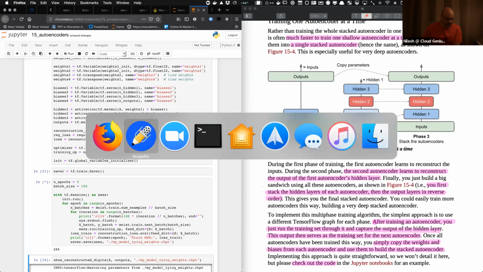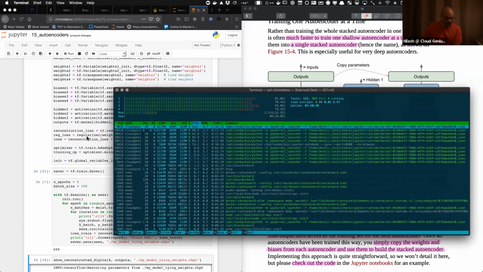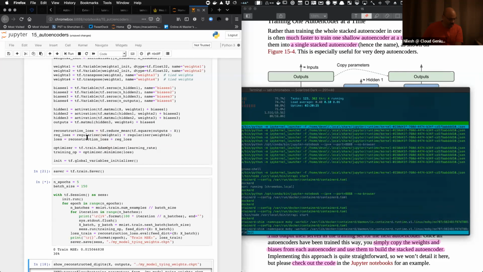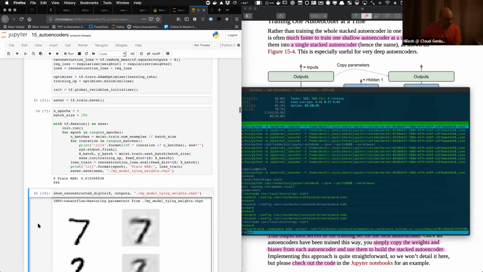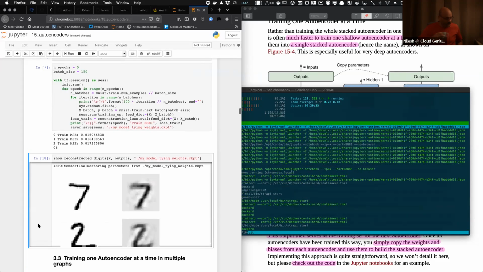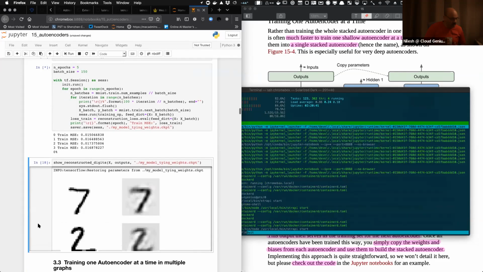So training is running right now. And we are getting some MSE error back from the system. And this should finish up quickly. Only 5 epochs, so 3 or 4 of them are already done.